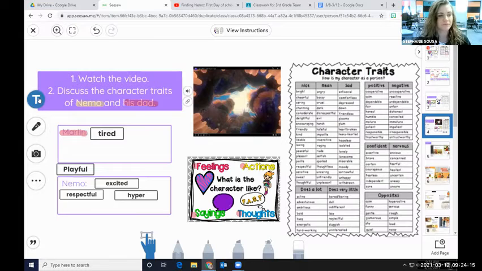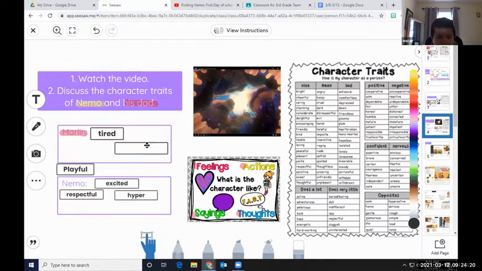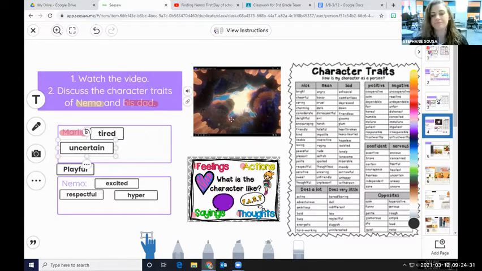Oscar. It's sometimes like he's unsure or uncertain. That's a great one. Uncertain. How do you know that his dad was uncertain or unsure? Well, because I've seen the movie a lot of times, and when Nemo wants to do something, his dad is too scared for him to do it.